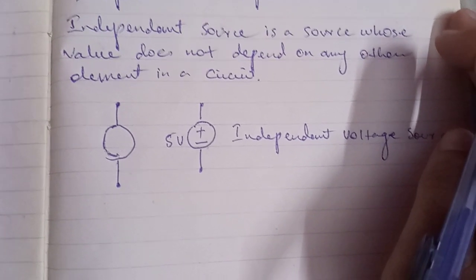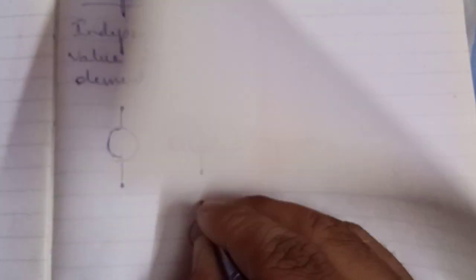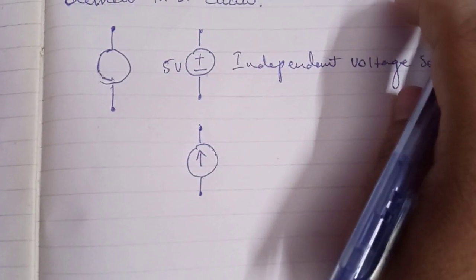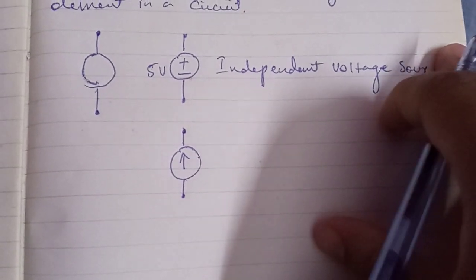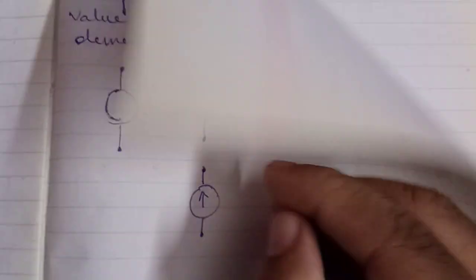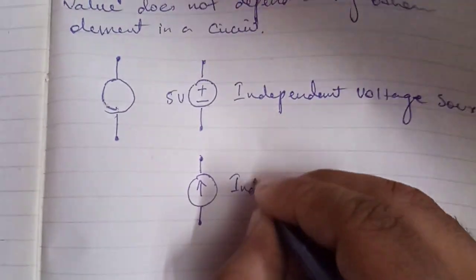Now if I mark an arrow in the shape like this, the arrow in the shape represents an independent current source.